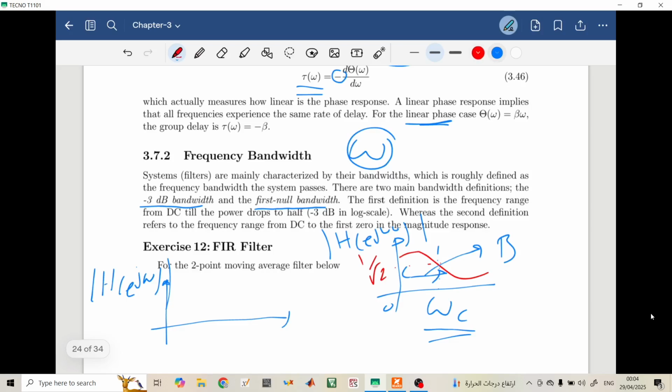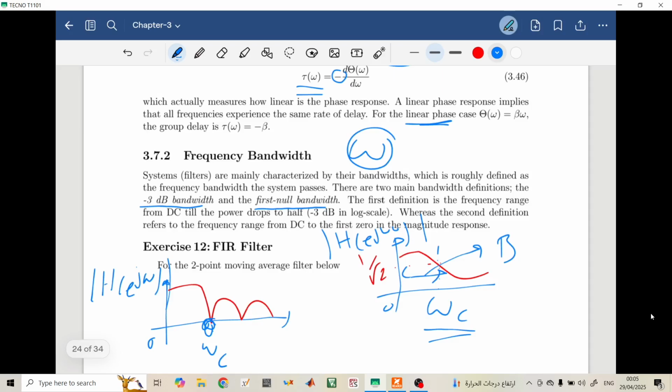So we are looking at the frequency of the first null, meaning that the magnitude response reaches a zero value, from 0 Hz, or zero angular frequency, 0 radians, till the first null that we encounter here. Okay, so let's take an example.